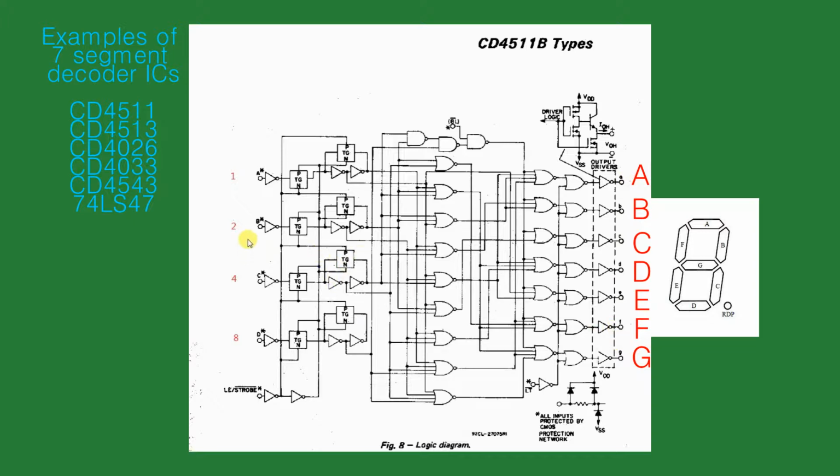When we put a high on the 2 pin, same thing. It selects the correct segments in order to light up a 2 on the display. If we put a high on both of these, we have 1 and 2, which is 3. It'll light up the right segments to put a 3 on the display, and so on. So that's how we drive the 7-segment display.